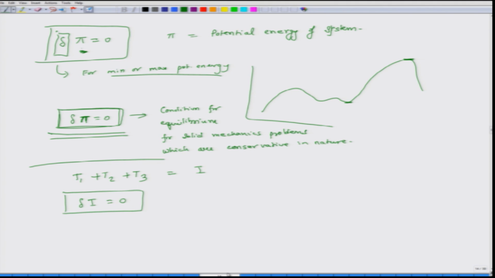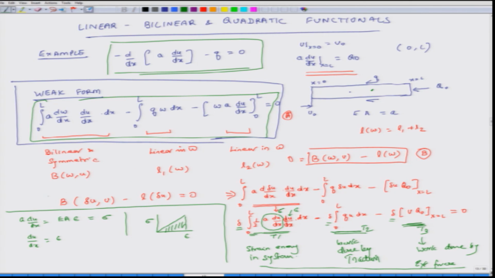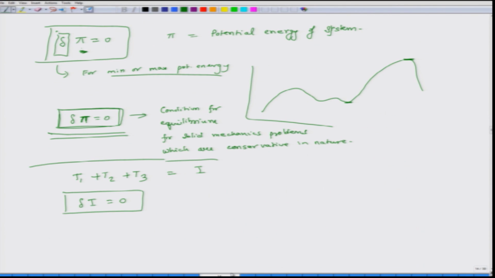Understood? I can also write this as, so if I go back and look at this equation, I can rewrite it as follows. Why is that?